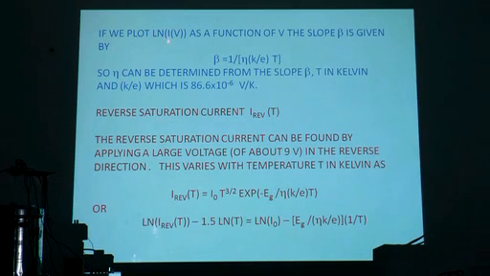So, if we plot logarithm of the forward current as a function of the forward voltage, the slope beta is given by 1 by eta into k by e into T. So, we can find the non-ideality factor from the slope beta, the temperature of the silicon diode in Kelvin, and the value of k by e, Boltzmann's constant to electronic charge, which is 86.6 microvolt per Kelvin.